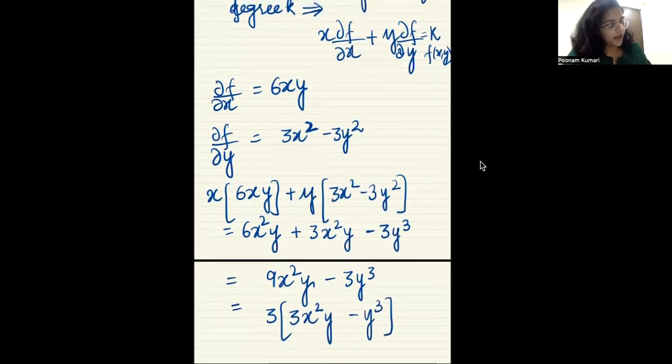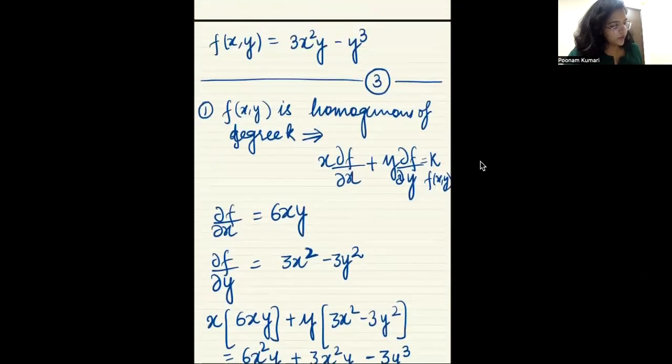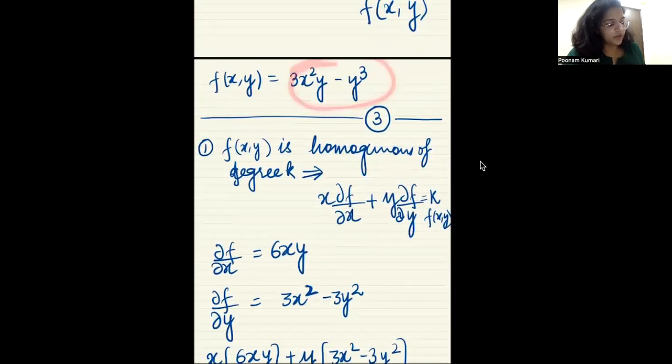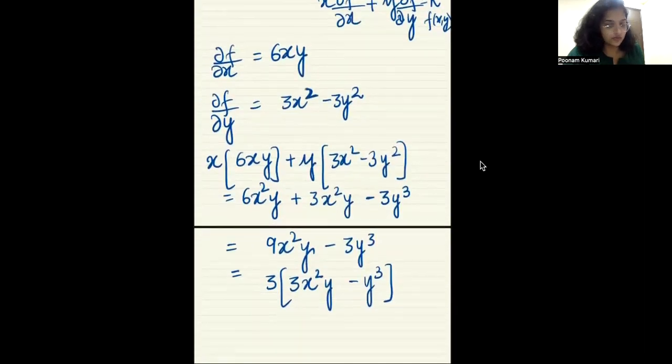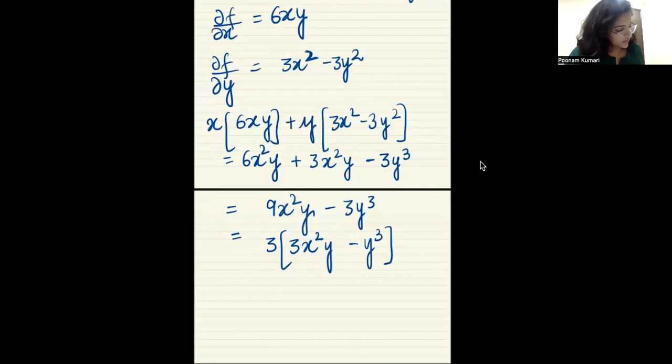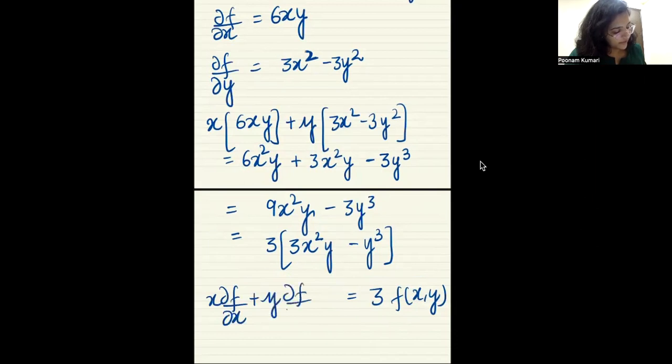And what is this? 3x squared y minus y cubed. This is my function value. So this is 3 times f(x, y). This is equal to x times the partial derivative with respect to x plus y times the partial derivative with respect to y, right?